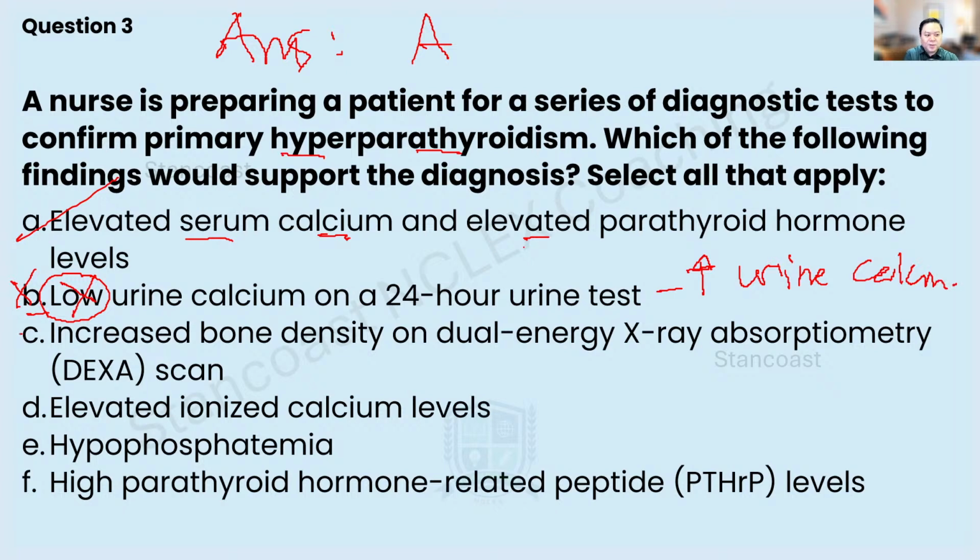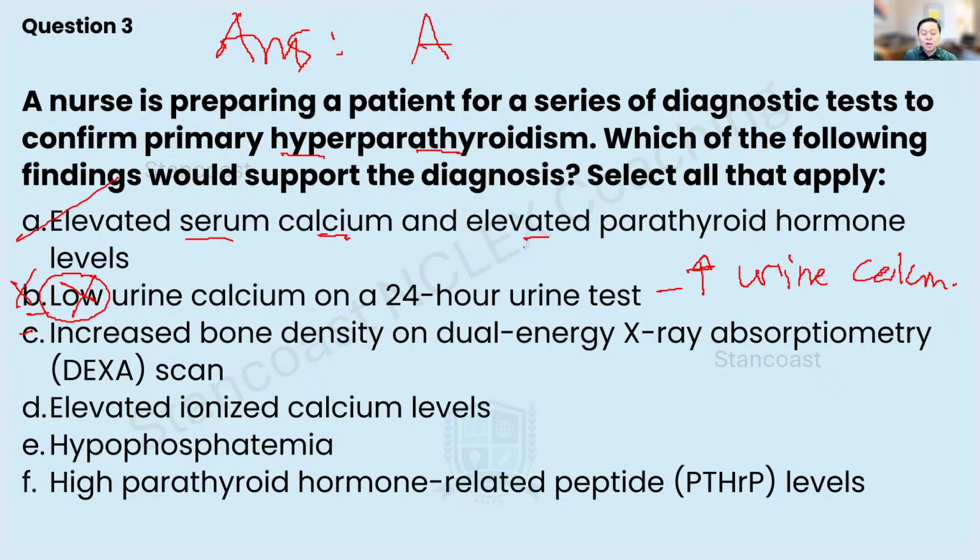What about letter C? Increased bone density on the dual energy X-ray absorptiometry DEXA scan. Is there going to be increased bone density? Remember that the parathyroid hormone will cause bone resorption. It will allow the calcium ions to shift from the bone structure into the bloodstream.